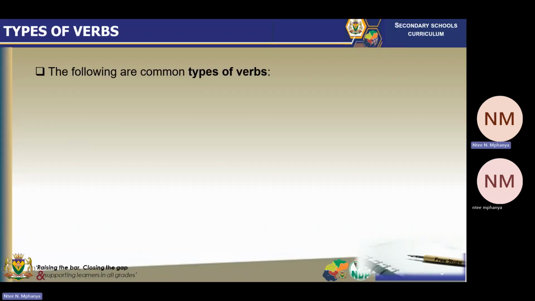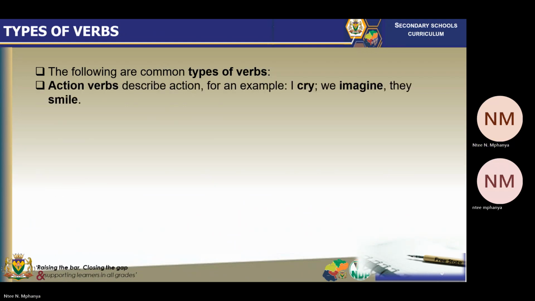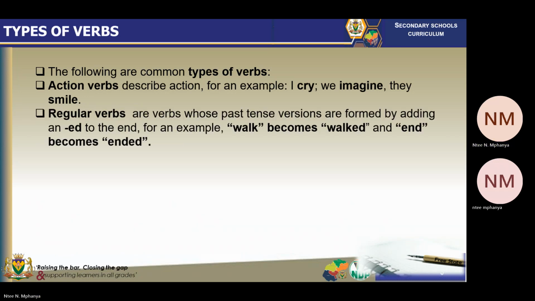What are types of verbs? The following are common types of verbs. We have action verbs that describe action. For example, I cry, we imagine, they smile. We have regular verbs, which are verbs whose past tense versions are formed by adding the suffix ed to the end.